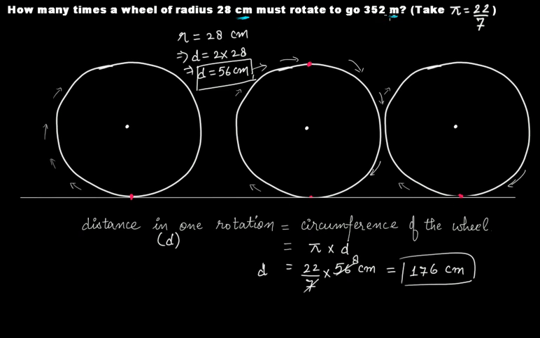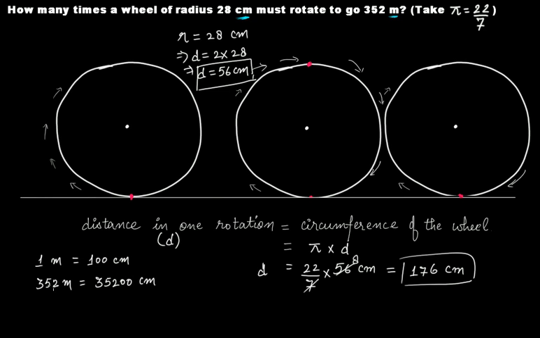So first change this into centimeters. We know that 1 meter is equal to 100 centimeters. Therefore, in this case, you have 352 meters, so this becomes 35200 centimeters.